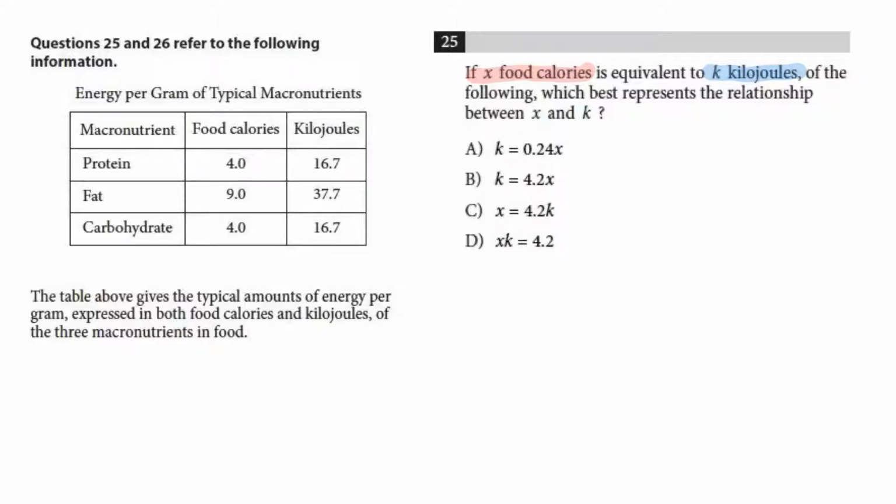So we have food calories to kilojoules. All right, so we want to, let's see, so it's going to be some kind of relationship.